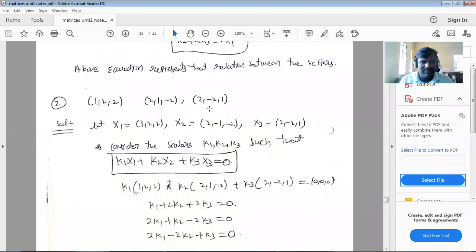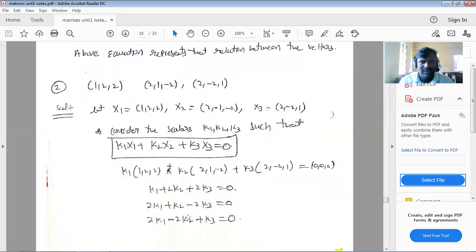But for a descriptive type, you have to apply our theory only. After completion of this problem, I will say what the shortcut method is. Using the rank only you calculate, but instead of writing all these things, just write down the matrix. Then you find the rank, and check whether it is dependent or independent.